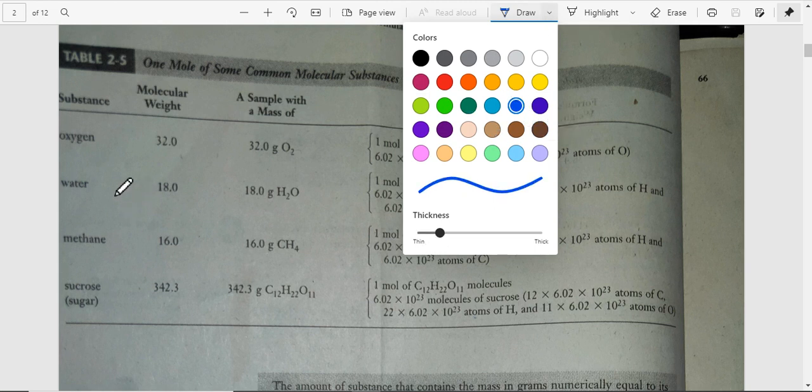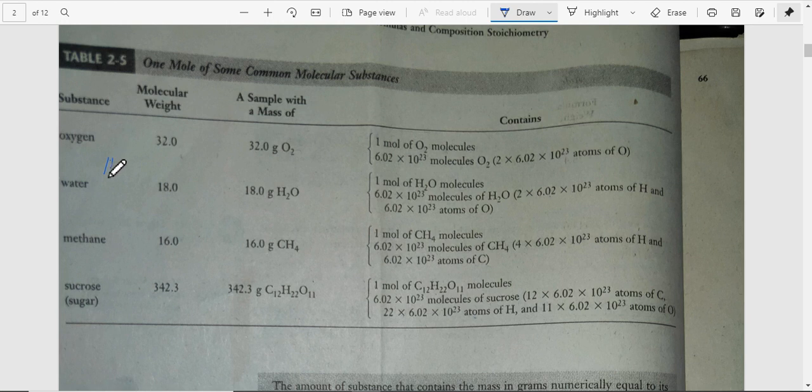In AMU, hydrogen is 1, and oxygen is 16. Since H2O has two hydrogens, that is 2 AMU, then 16 AMU. Therefore, it is 18 AMU, the atomic mass unit of your water. Therefore, the sample mass would be 18.0 grams of H2O.